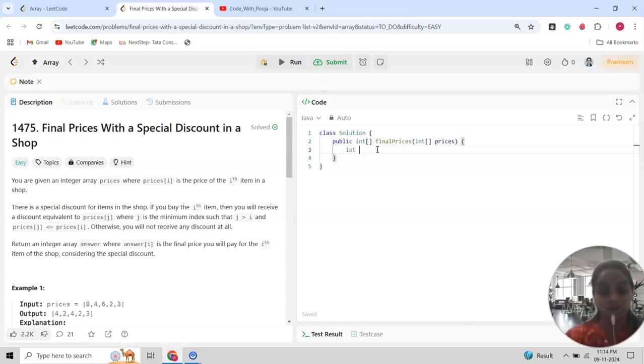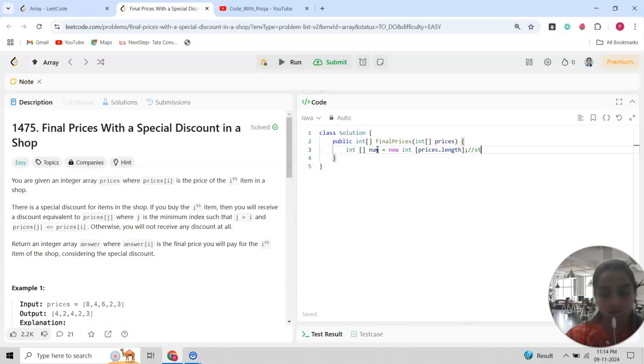Okay, now first of all, we need an integer array. The name will be num, which will store the final discounted price, and the length will be prices.length.